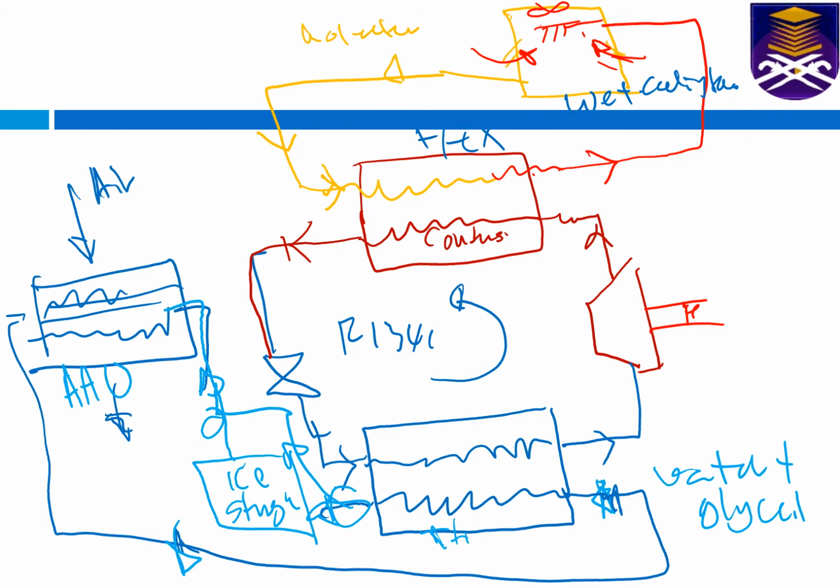So by the end, the ice storage cannot be used. Okay, the system is good, but the handling and operation is badly designed. That is why I say that, and that is what happened in our engineering complex. And by the end, we cannot use this ice storage and just fully depend on the chiller, so our electricity bill is getting higher.